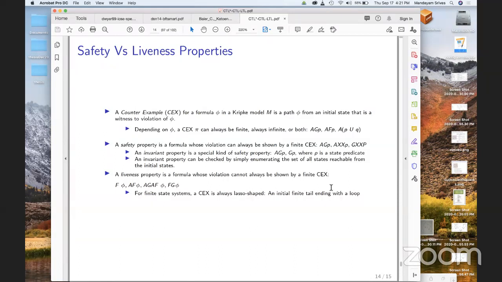It's like this, and then comes around. You will see that we'll exploit this in devising model checking algorithms. Finite state model checking can take advantage of the fact that eventually things have to repeat.